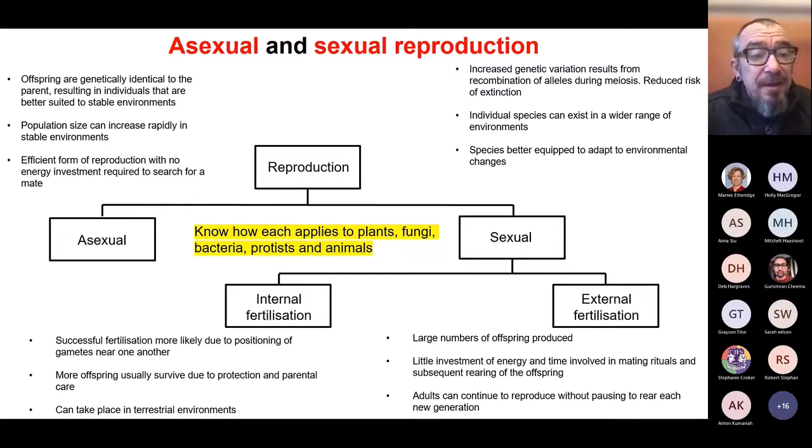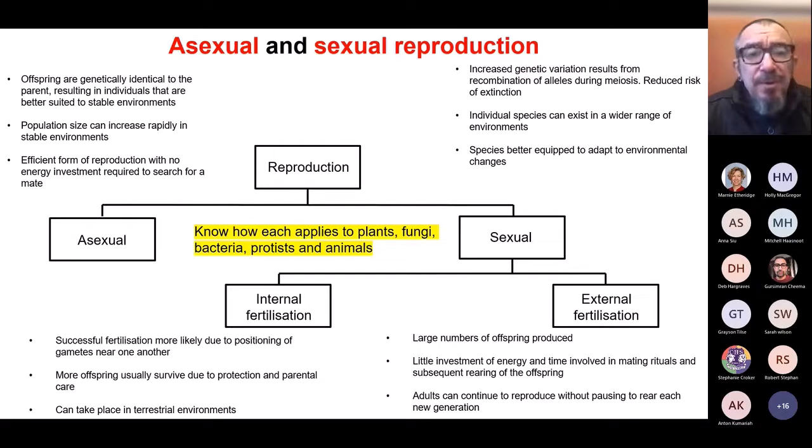And to highlight that, with asexual reproduction, the downside of it is that they're genetically identical to the parent, which puts them typically at risk of extinction or being wiped out within a particular area if environmental conditions change. So they're typically found in quite stable environments where conditions aren't changing.